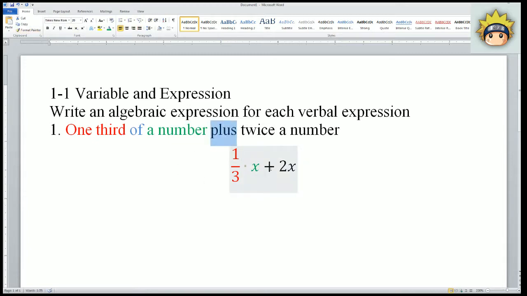Plus, make that black. Here, twice a number, that I can make orange. And that is what this twice of a number is. Do you see how each part of the words translates numerically into what the algebraic expression looks like? Okay, all right, good. Next one.